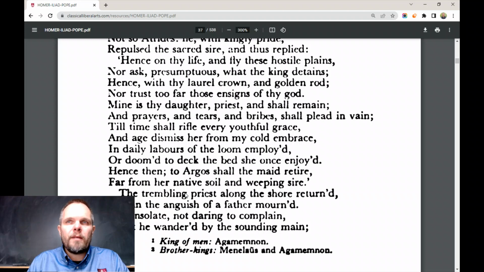until time shall rifle every youthful grace, and age dismiss her from my cold embrace. In other words, I will never give her up until I no longer want her. My cold embrace, that's when I will dismiss her, when she's older.